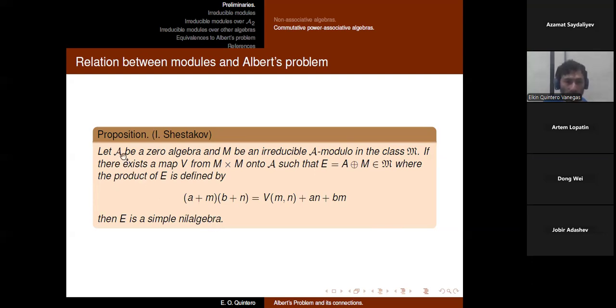A has zero product, so A times A is 0, but we have the map B applied to M times M, and the product of (a plus m) and (a' plus m') has a part that belongs to the model and a part that belongs to the algebra. With these considerations, E is a simple nil algebra.